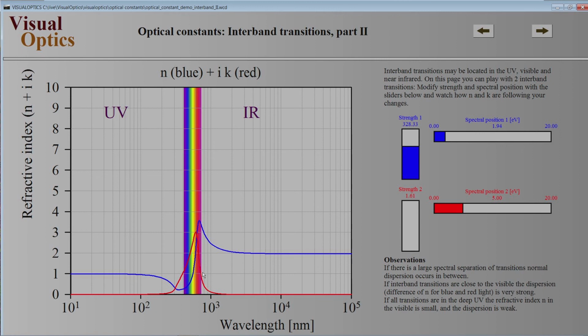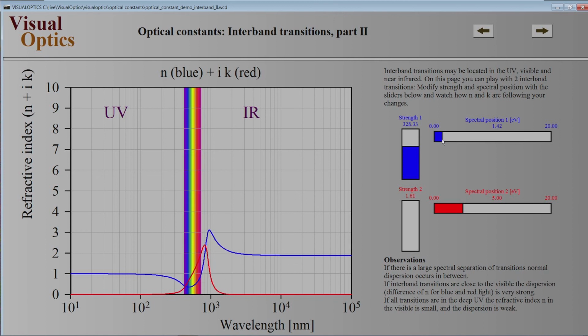In this case, you have to look for a material which has an interband transition in the middle of the visible. And also it could be in the near infrared. These kinds of materials are used to build NIR detectors.